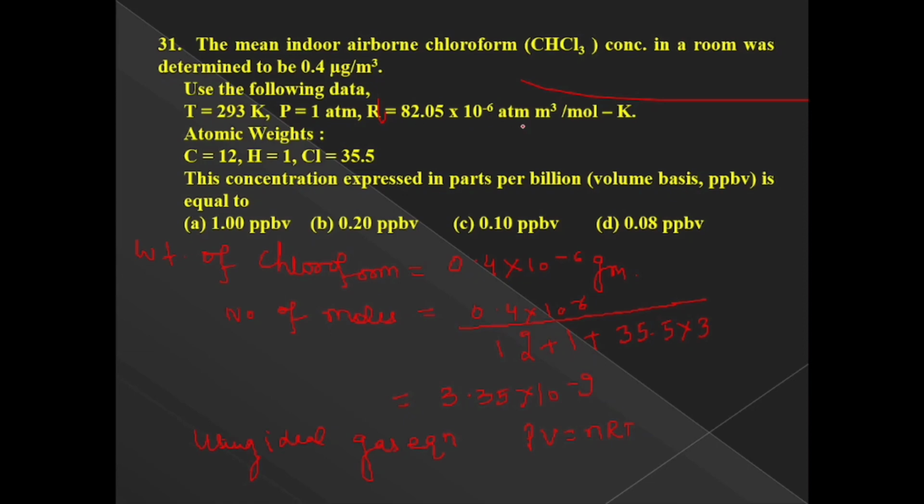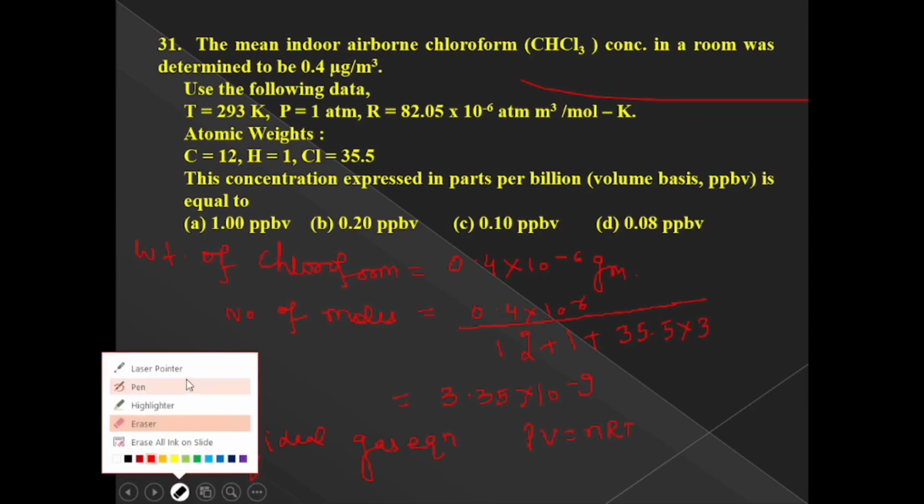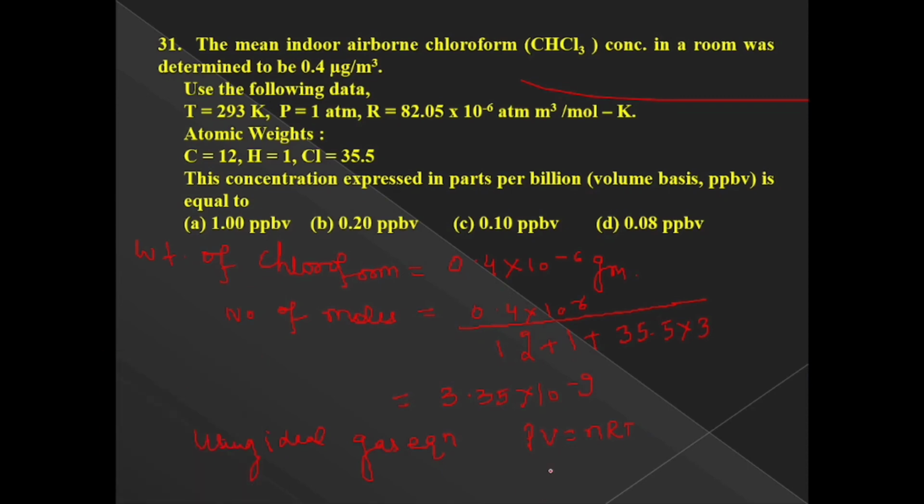Each and every thing is given here. So you can easily calculate the value of volume from here using PV = nRT. After putting all the data, volume is found to be 0.08 into 10 to the power minus 9 meter cube.